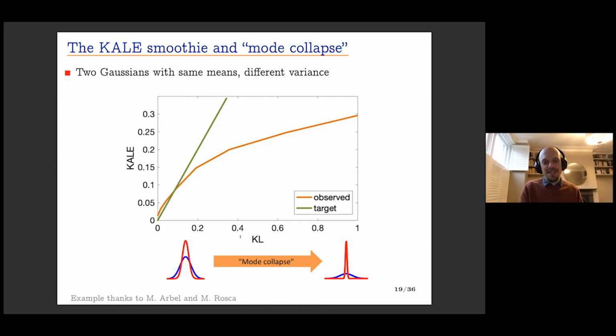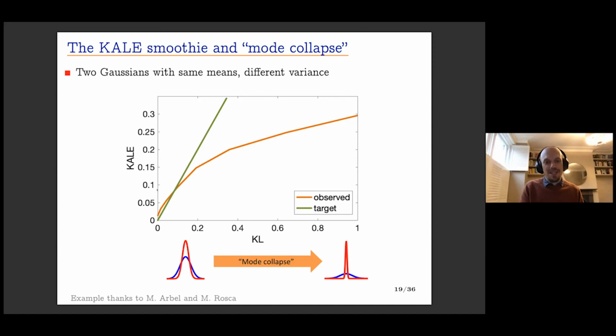Now, because these are two Gaussians, I can compute the KALE, the real KALE, in closed form, and that's what I've done on this axis here. And obviously, as I mode collapse, my KALE is going up, all right? And that's what this green line is. It's basically the one-to-one mapping between KALE and where it should be. Now, on the y-axis here, I have my variational lower bound, my KALE, okay?